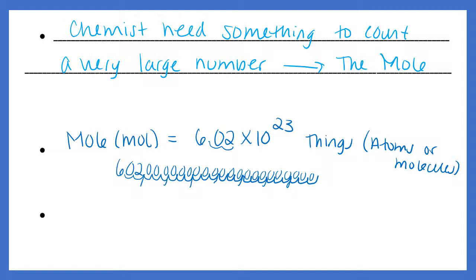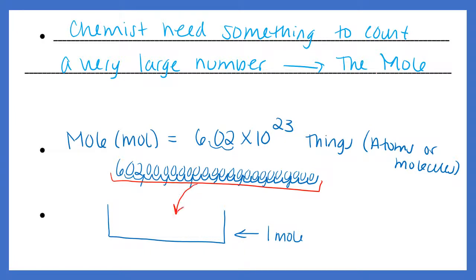And so if you think about it, in a mole we have one mole box, that's this, one mole box. And inside that mole we have all these atoms. I know this isn't a great representation, but think about 602 sextillion atoms in a box.